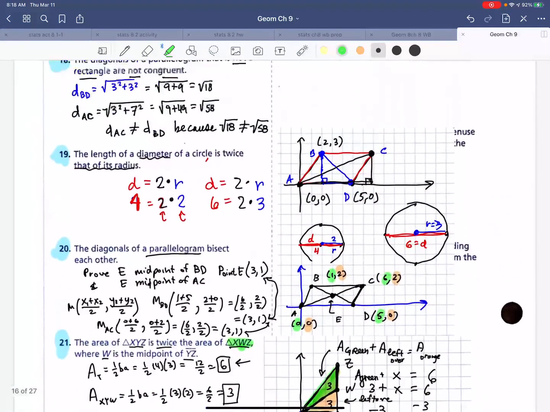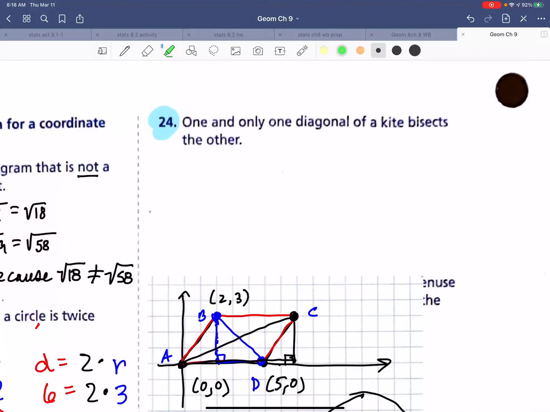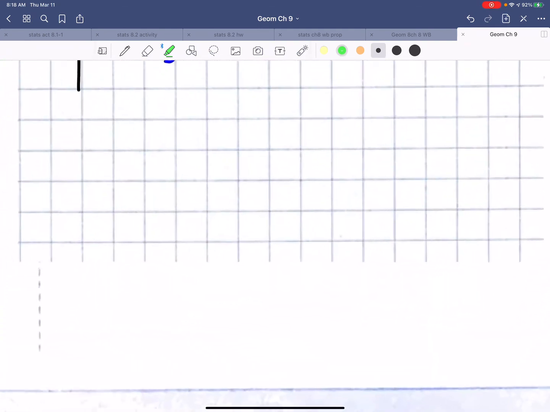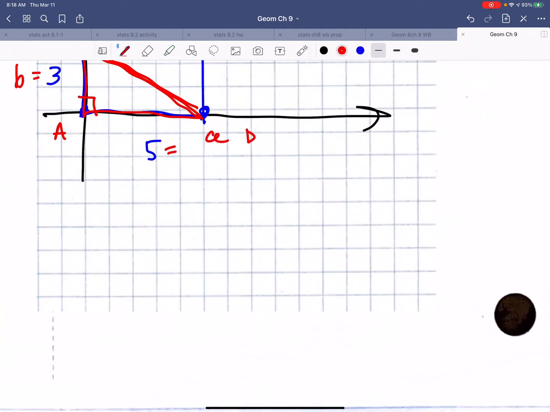All right, 24 says, one and only one diagonal of a kite bisects the other. Okay, so let's show that down here. We saw in, not this class, but last class, a graph of a kite. It was kind of interesting. It went up 4, and then it went over 4. So it was really easy to see these two lengths are the same. So I like that, let's keep that.